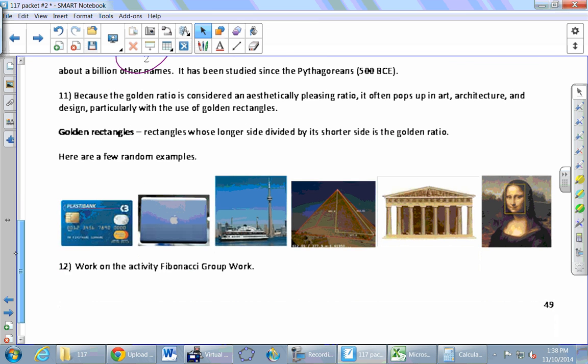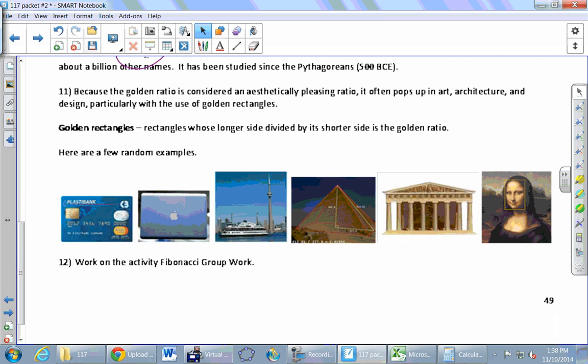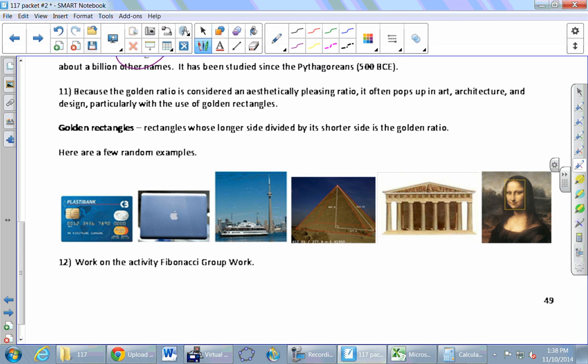Okay, let's go to 11, Zeke. Okay, so that 1.6 number apparently is appealing to the human eye, and so if you know what you're looking for, you might see it kind of everywhere.